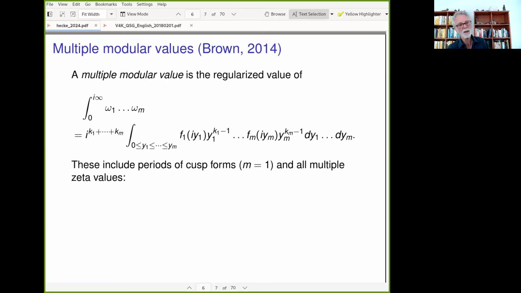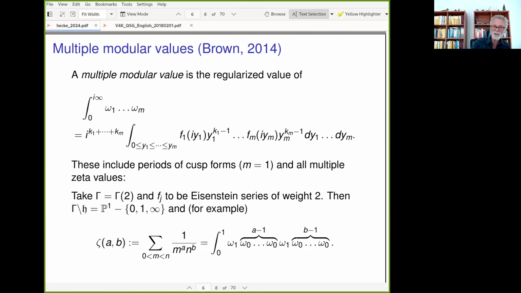And so the way you compute the regularized value is to set log q equal to 0. In other words, take the degree 0 term and then evaluate the degree 0 term at 1. It sounds hokey, but it's actually extremely natural if you explain it in terms of limits of mixed Hodge structures.